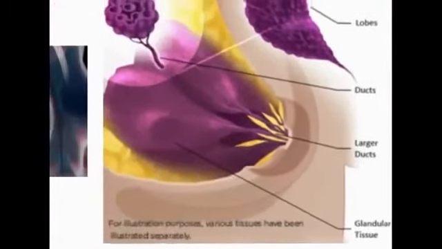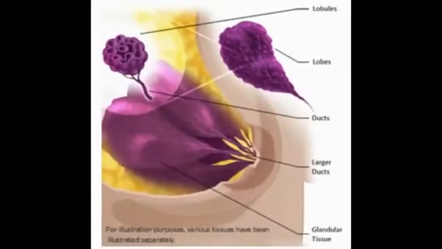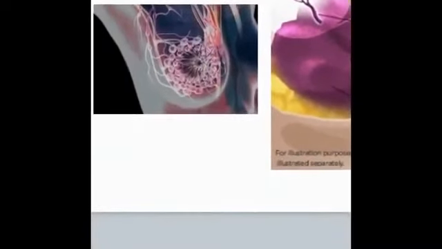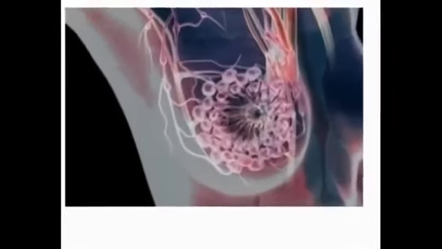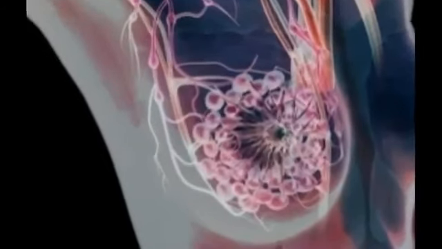The next slide shows the inner structure of the glandula mammae. This is the combination of the duct system, and it is so similar to the structure of our lungs.